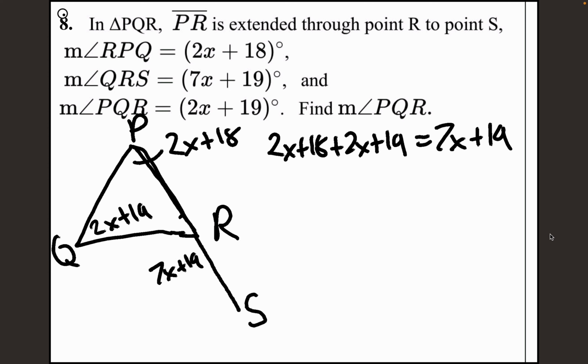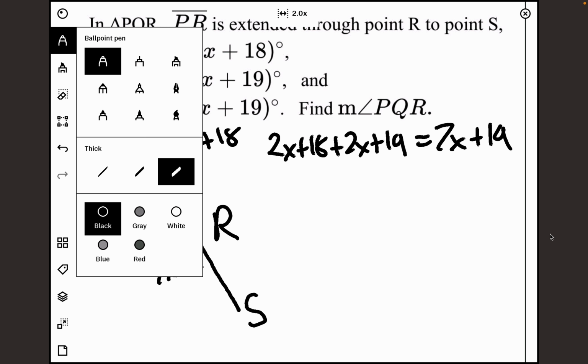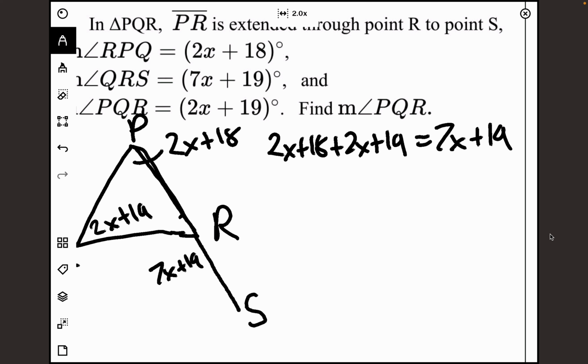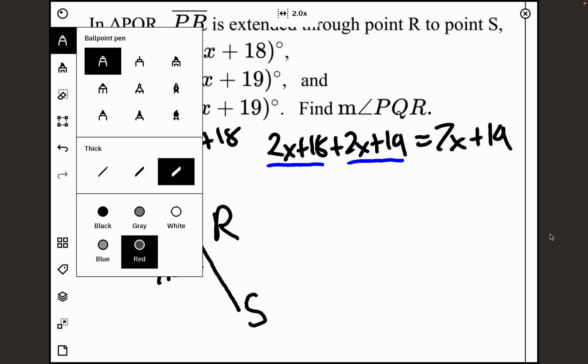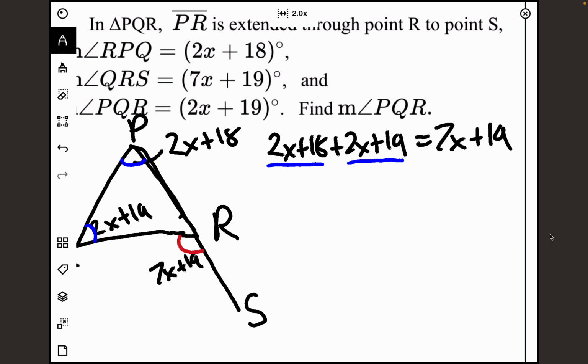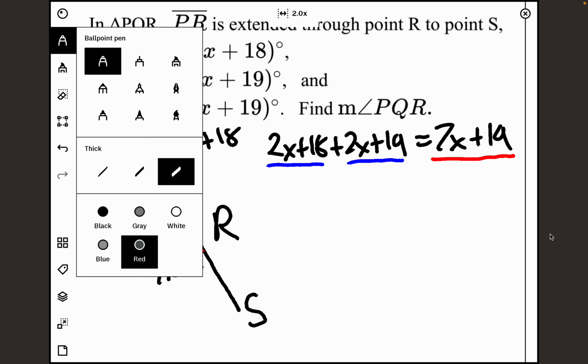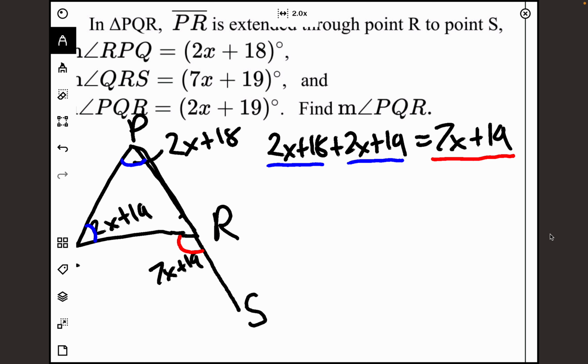If you have colored pencils and want to draw that, we took our two interior, our blue ones, and equaled that to my red one right here. So if you need to see it that way, you can see it that way.